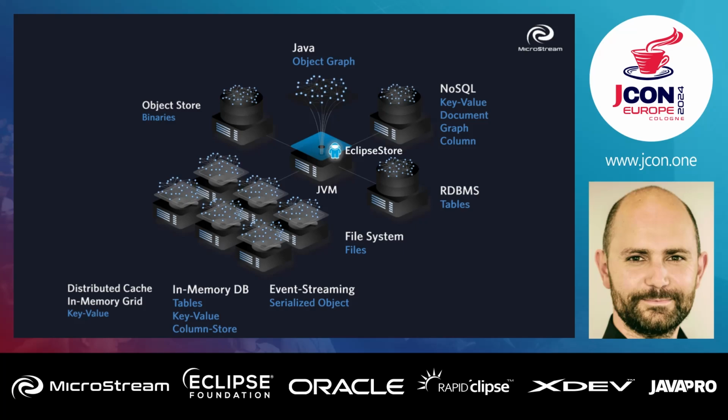EclipseStore is a unique storage technology which you can't really compare with different other database solutions out there, which stores the object graphs natively, like the JVM does on a heap. And this can be done without an expensive transformation or an incompatible data structure on the other side, because we store the data into binary format, how the JVM keeps it on a heap.